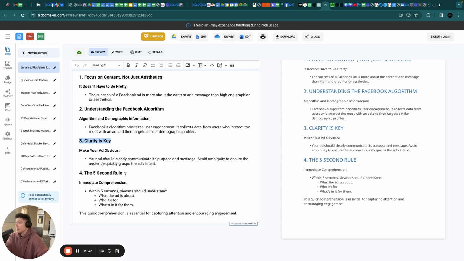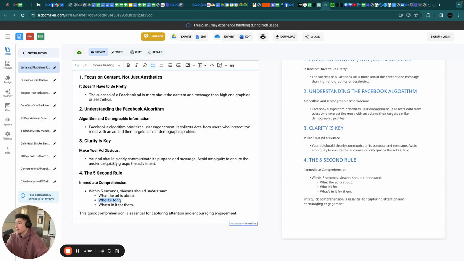So one of the things that I follow is the 5-second rule. When you're making your ads, whether you're making them in Canva or with ChatGPT, whatever you're doing, make sure it follows the 5-second rule. If you close your eyes, open your eyes, and look at the ad, within 5 seconds you should know what the ad is, who it's for, and what's in it for the avatar. What the ad's about would be weight loss.